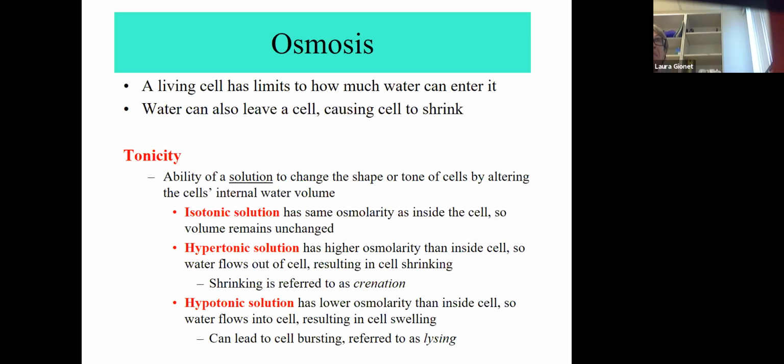So it's really thick, very salty, kind of like salt water out in the bay. Water is higher concentration inside the cell at 75% and only 10% outside the cell. So if osmosis is the movement of water from an area of high concentration to low, it's going to go from the interior of the cell to the extracellular fluid, which means it's going to suck the water out of that cell. It's going to cause it to shrink, and that's called crenation.